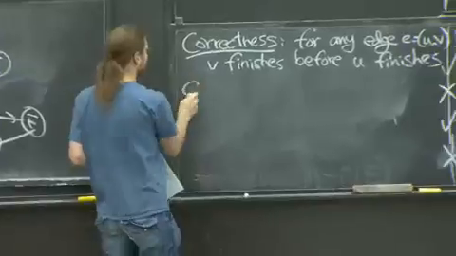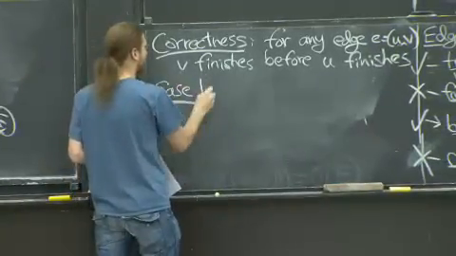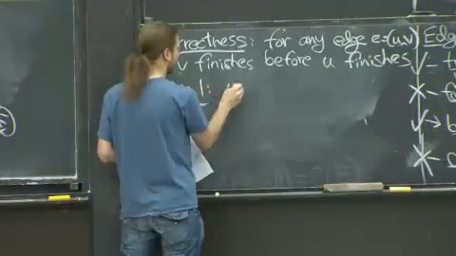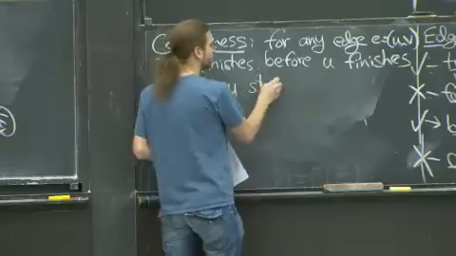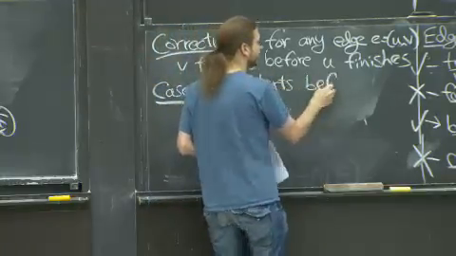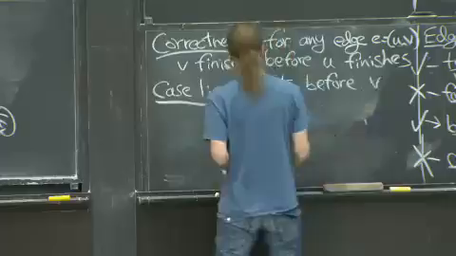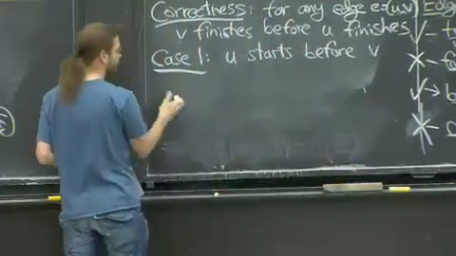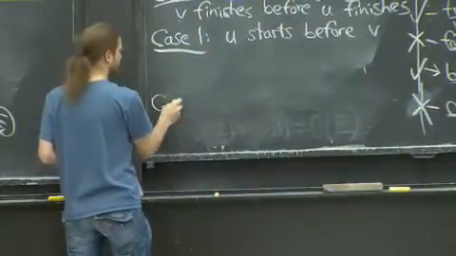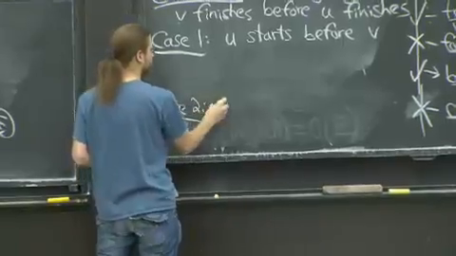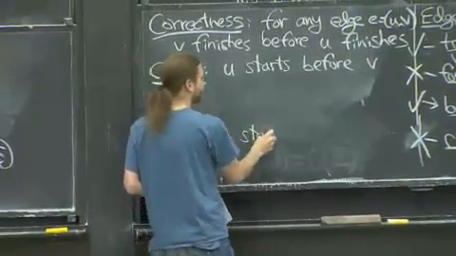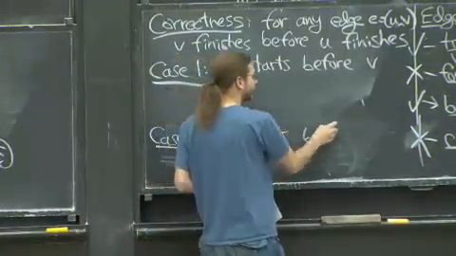Well, there are two cases. Case one is that u starts before v. Case two is that v starts before u. At some point they start because we visit the whole graph.